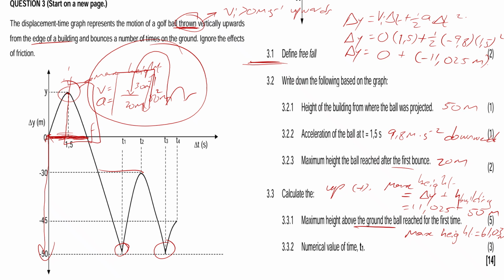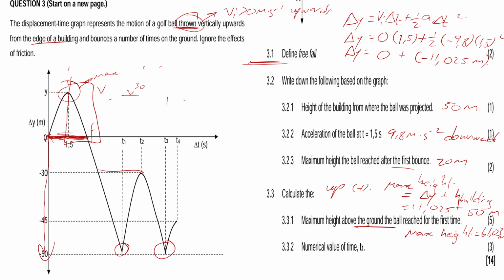Now, 3.3.2, the numerical value of time T1. Here we are given this time, and we can calculate the time taken from the maximum height to the ground.